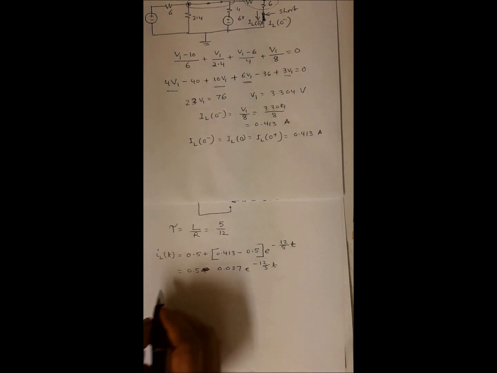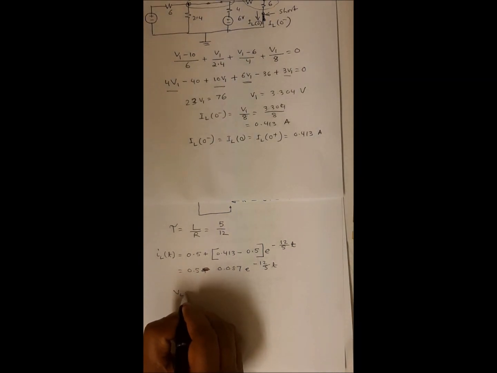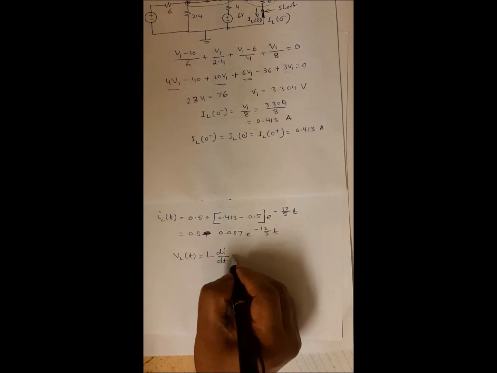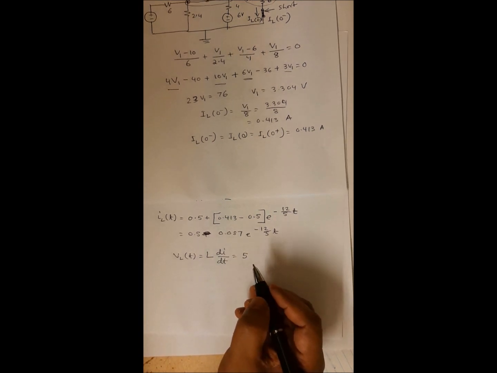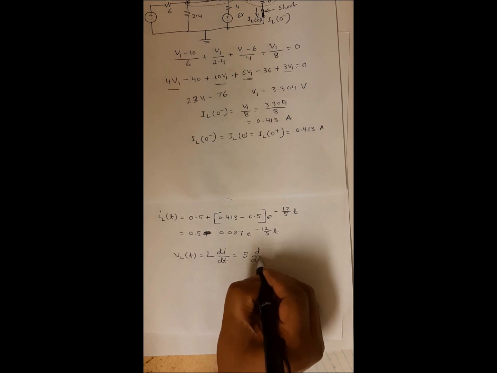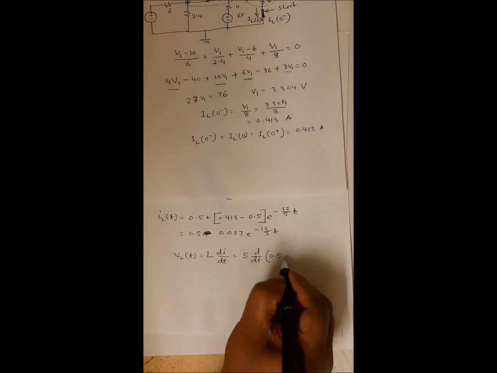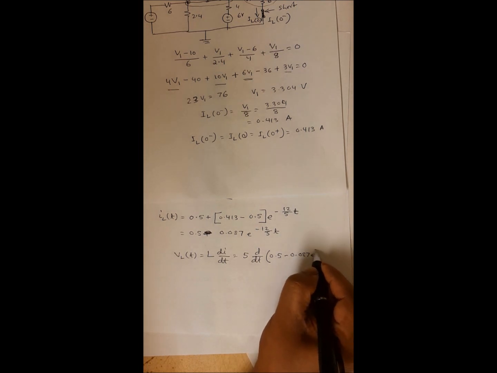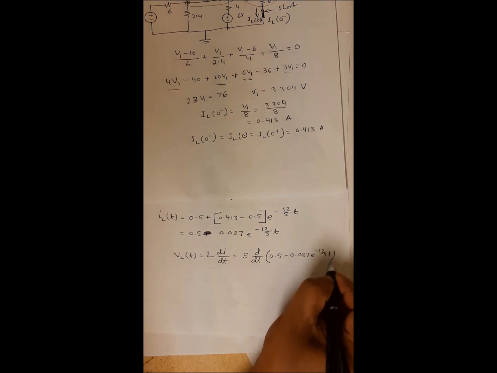Now if I want to find the inductor voltage, VL(t) will be L times di over dt, and L is 5 henries. So we have to take the derivative of 0.5 minus 0.087 e to the power negative 12 over 5 t.